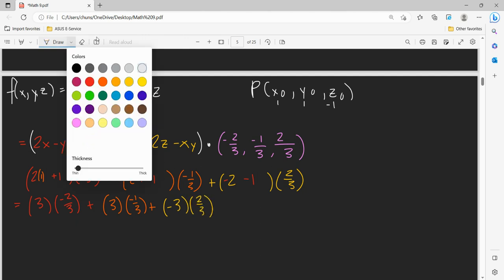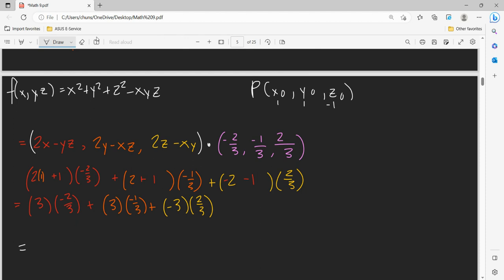Okay, so when we add this all together, this gives us -2 minus 1 minus 2, which is equal to -5.